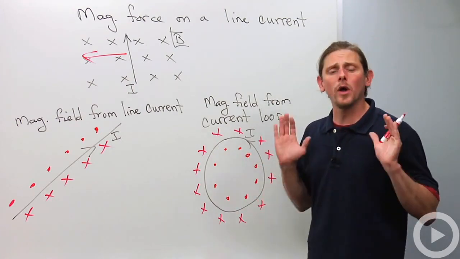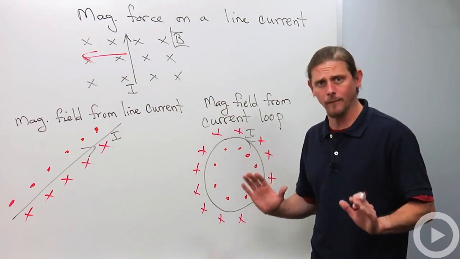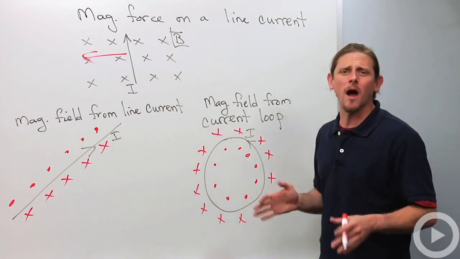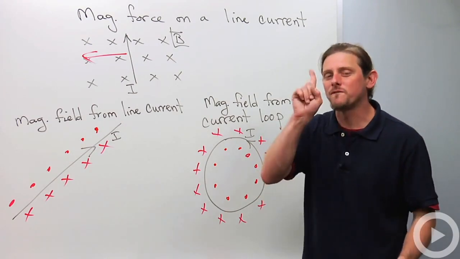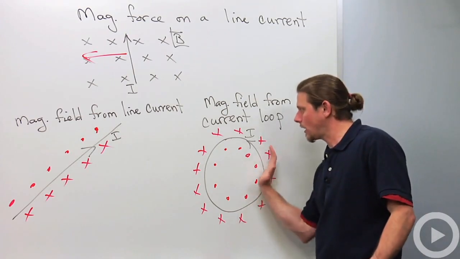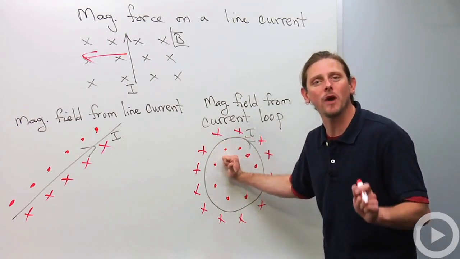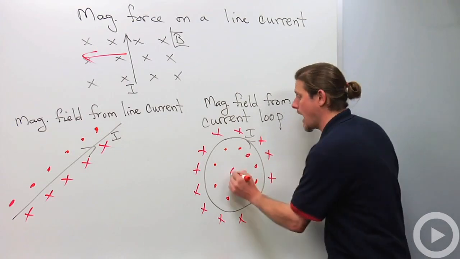Well, because we'll apply the right-hand rule in a slightly different way here. Okay? You don't have to do this. You can always do it this way, but sometimes it's more useful to instead put your fingers in the direction of the current, and then your thumb will point in the direction of the magnetic field at the center of the current loop, out.